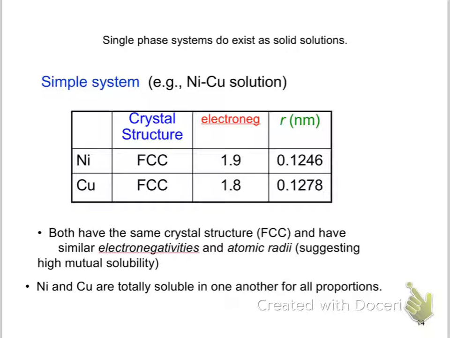The criteria that need to exist in order for this system to be completely soluble is you need to have the same crystal structure for both on their own when they're pure. They have to have very similar electronegativities, and their atomic radii need to be very close together. And in this case, these are 2 that will create a really nice simple system.